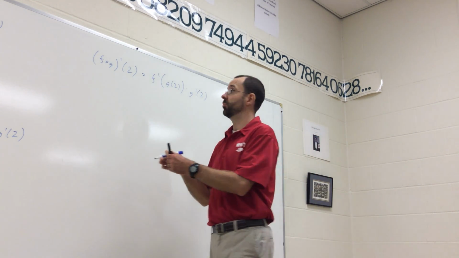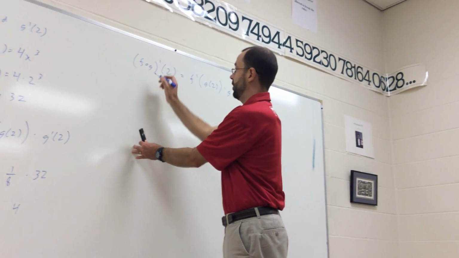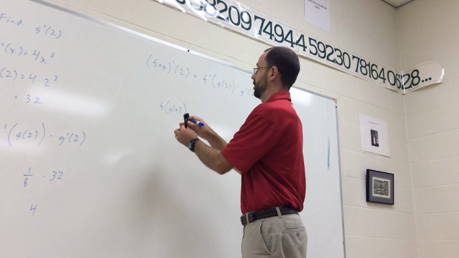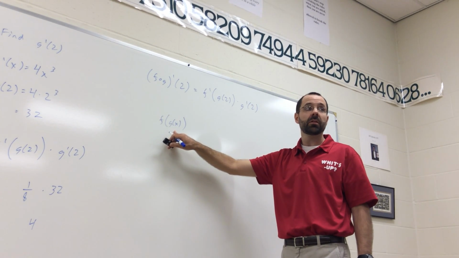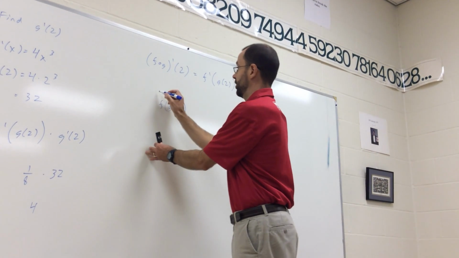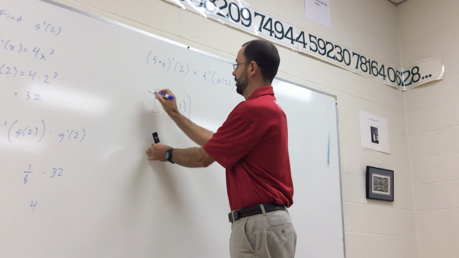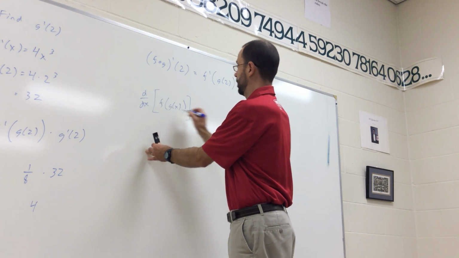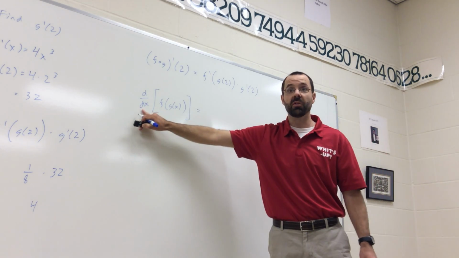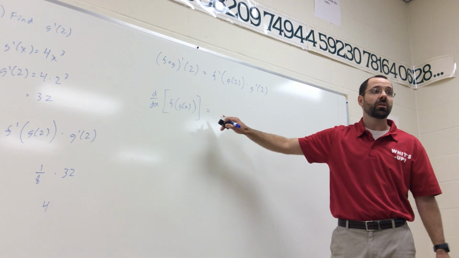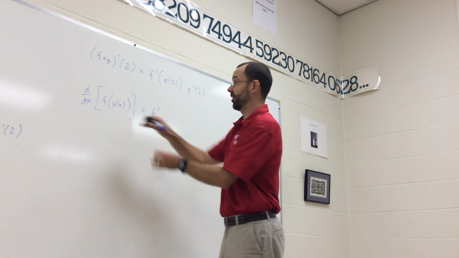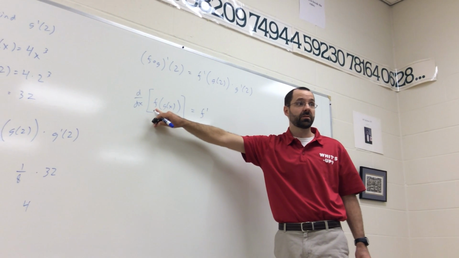Okay, so then the chain rule says that if you have a composition, that's what that is, right? If you have f of g, and you want to take the derivative of that, what you do is you take the derivative of the outside function, in this case f, right?